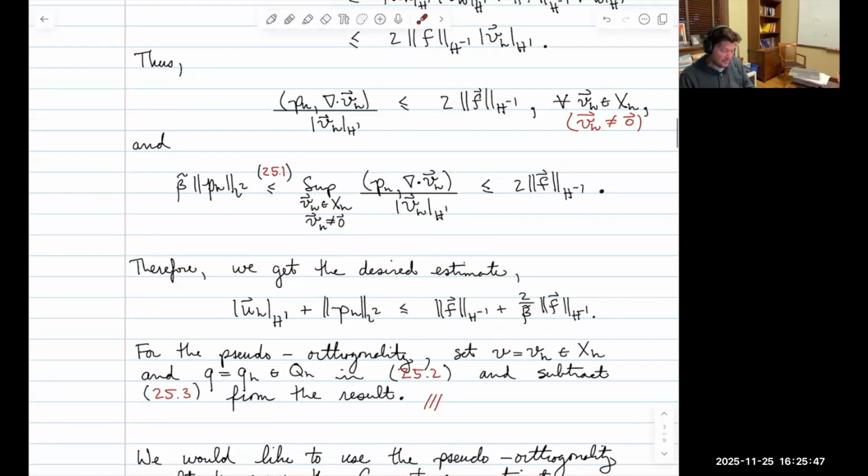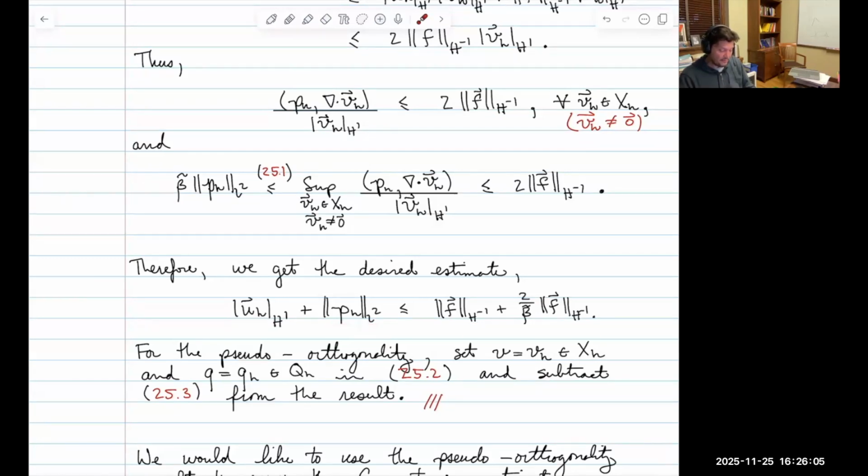Before I do that, though, I'm going to divide both sides by beta. So I get 2 over beta. Okay. And if I do that, I have the estimate that I had before for UH seminorm, H1 seminorm, and PH L2 norm.